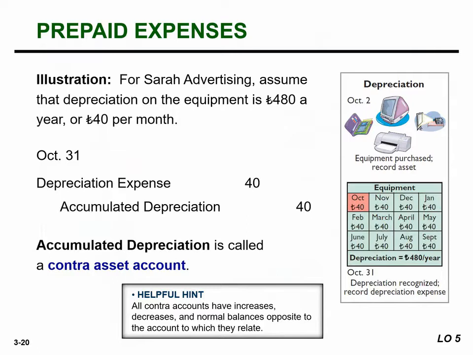So when you buy the asset, the machine, the vehicle, you debit an asset and you credit cash, for example, if you paid in cash. But at the end of the accounting period, you have to record a depreciation expense by estimating how much of this cost is depreciated by the end of the accounting period.